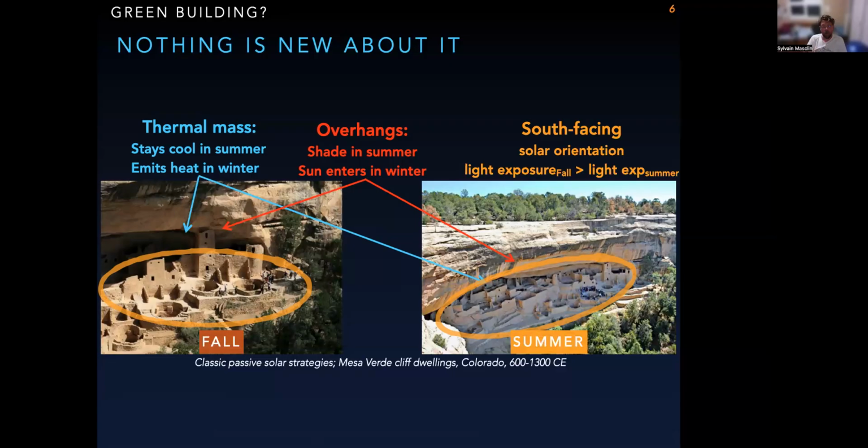So those are knowledge that our ancestors already had before us, and nothing has been new about it. It's just that at some point we started creating housing and buildings that didn't take into account those components anymore. And we need to go back to those components to make our buildings and housing more eco-friendly again.